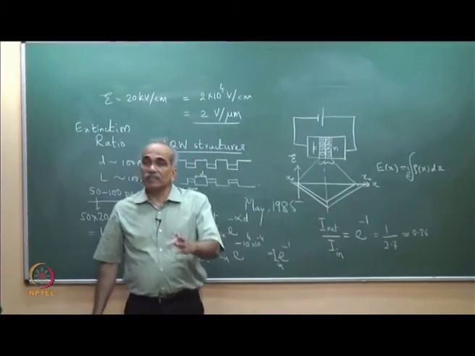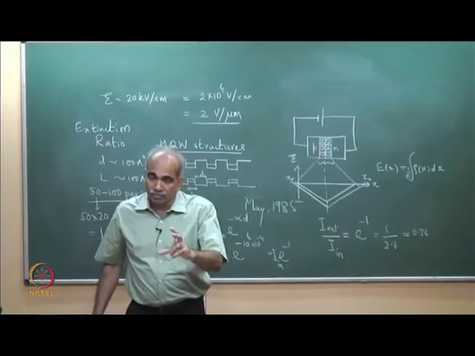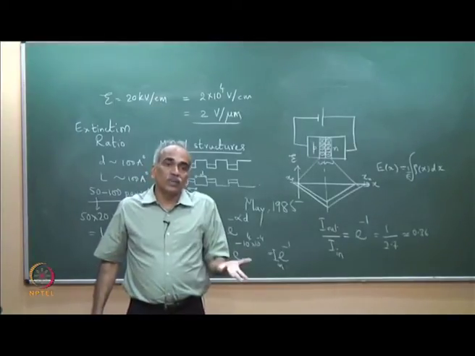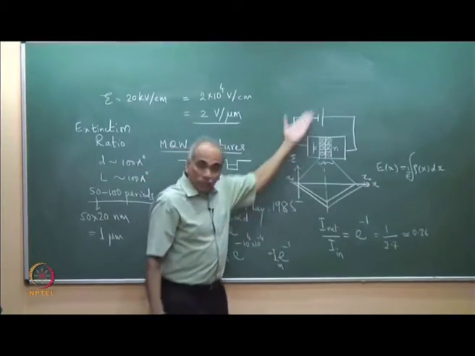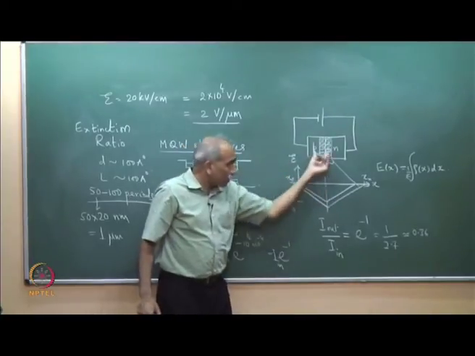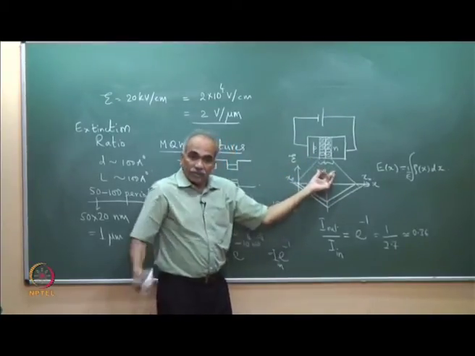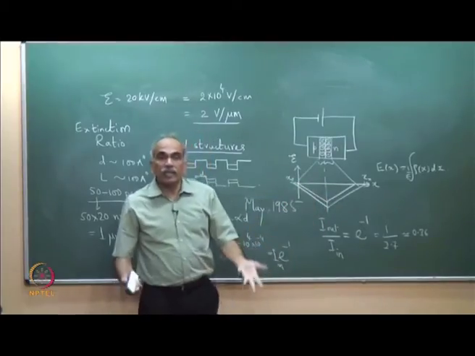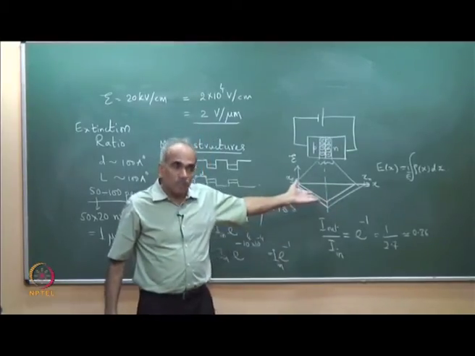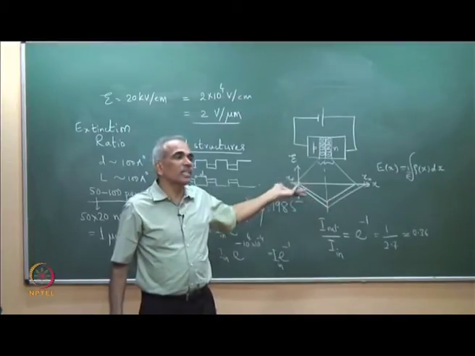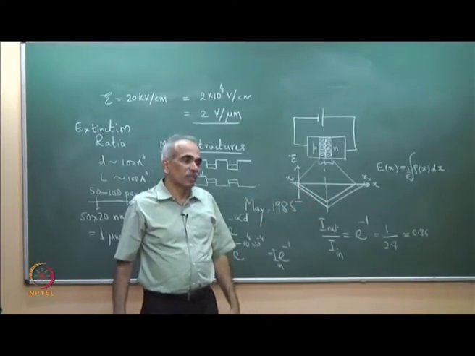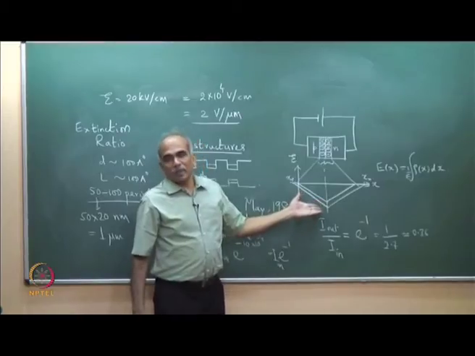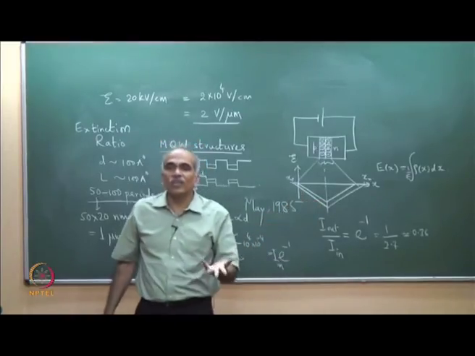So, the point is the applied voltage, 1 volt, 2 volt, 3 volt, whatever reverse bias you are applying, is appearing across the junction. The entire electric field is across the junction, and therefore the electric field here is of the order of 10 kilovolt per centimeter. It is 2 volt per micrometer, but it is 20 kilovolt per centimeter.